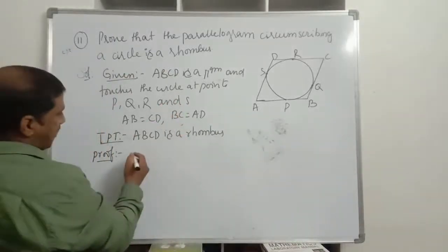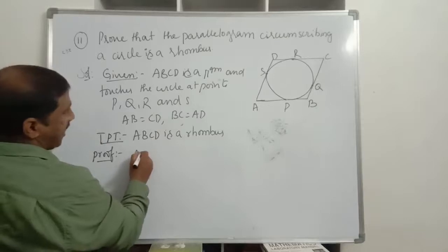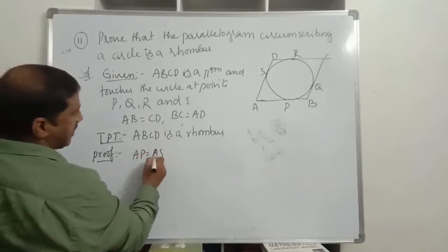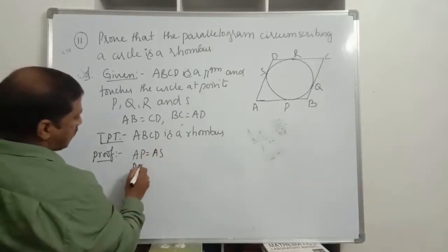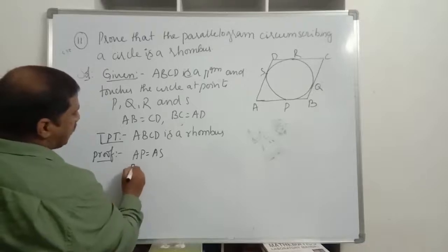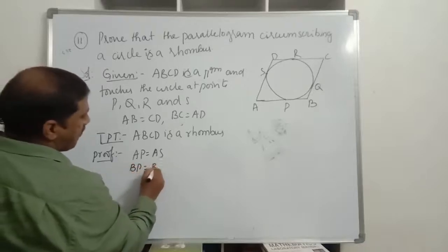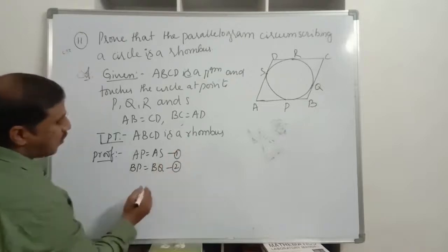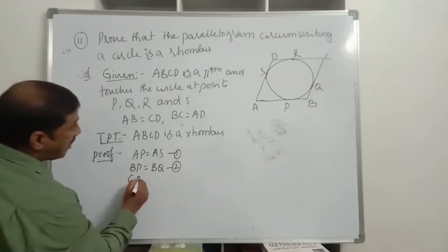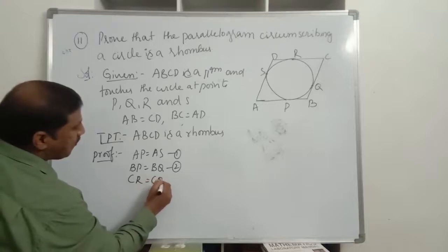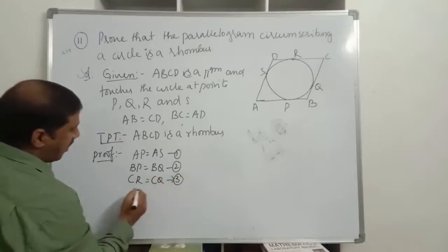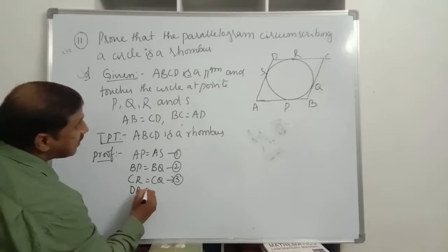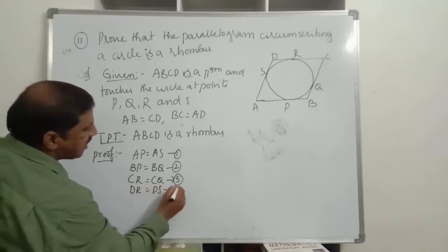So here AP is equal to AS, this is equation 1, and BP is equal to BQ, equation 2. CR is equal to CQ, equation 3, and DR is equal to DS, equation 4.